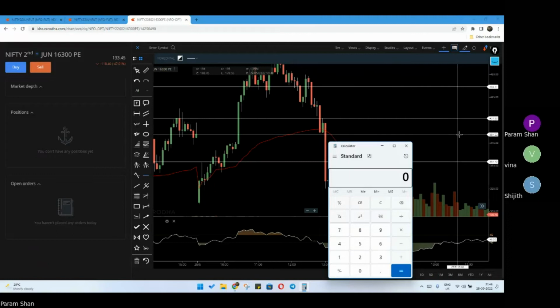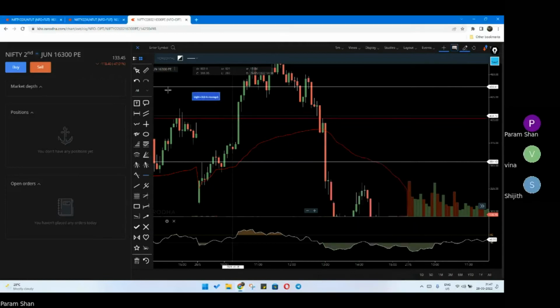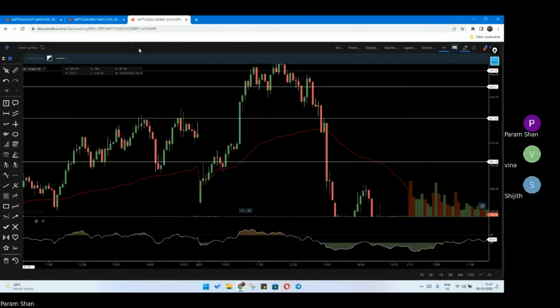So what is the distance we have got? 46 points. So 2300, right? A 6,000 investment to 2,300 is more than 30%. But we need to understand our risk, how much I can put as an investment here.